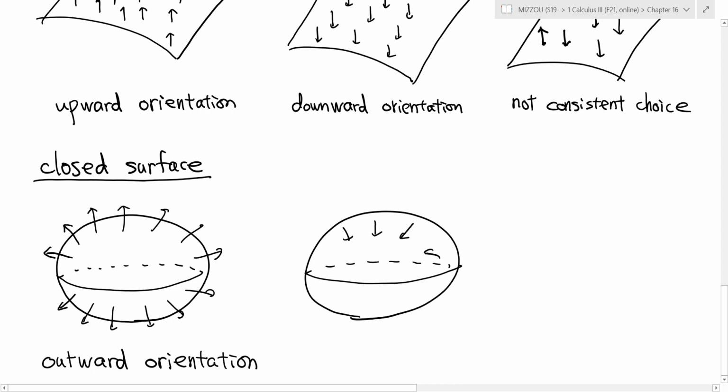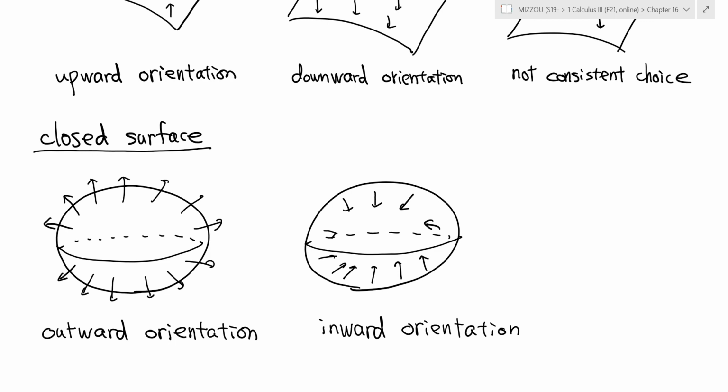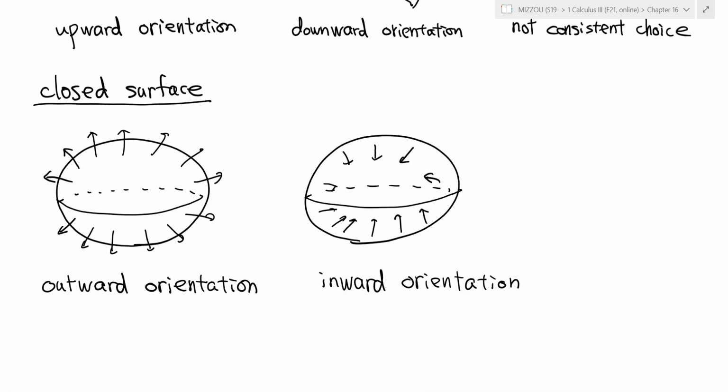At each point on the surface, you associate a unit normal vector pointing inward, the inward orientation. And then we call the outward orientation the positive orientation. Just like counterclockwise orientation was called positive, we call outward orientation positive orientation.